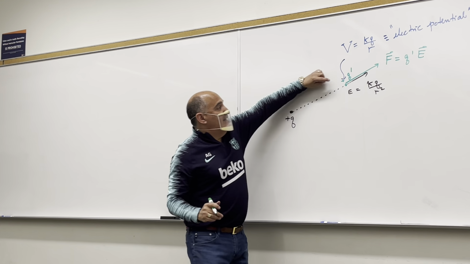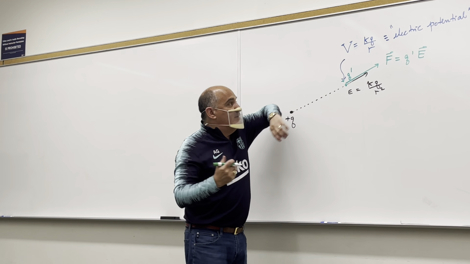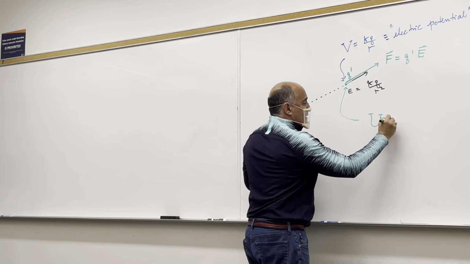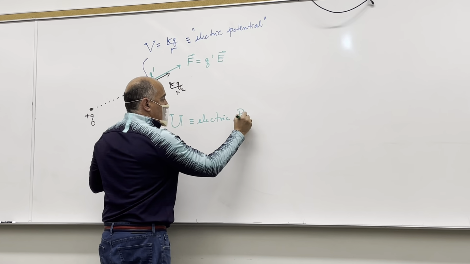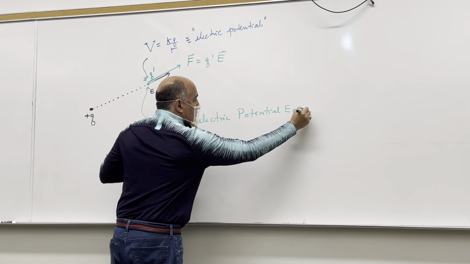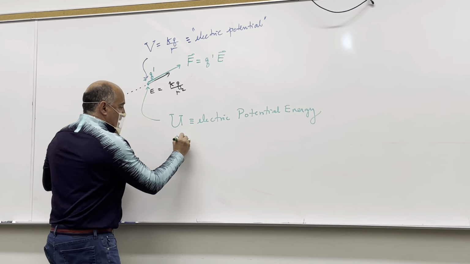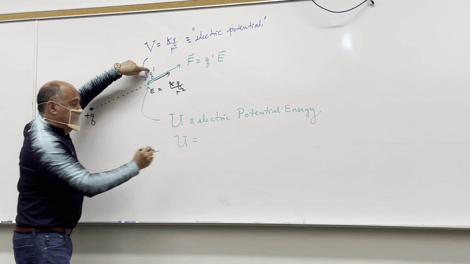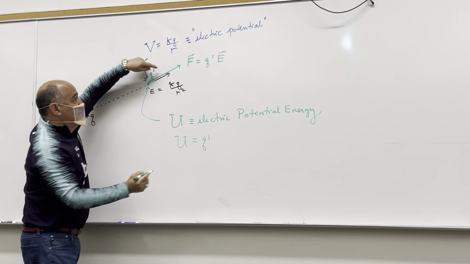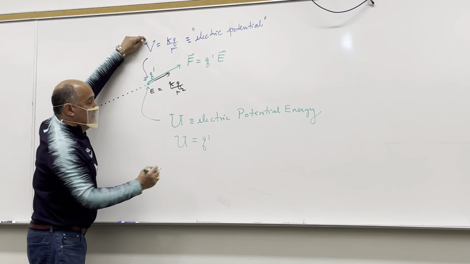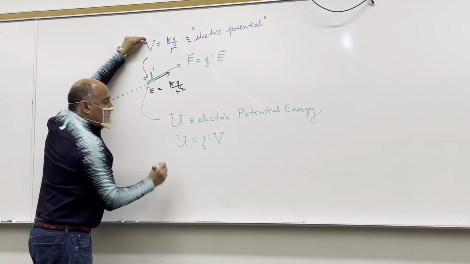And the electrical potential energy of interaction at this point, now we can talk about an energy, electrical potential energy. That will be the charge that I place there, just like Q prime times E gives me the force, but if I take Q prime and multiply by this V, that gives me the potential energy.